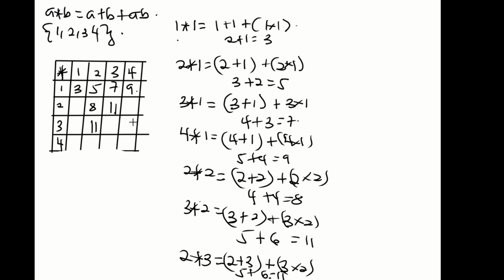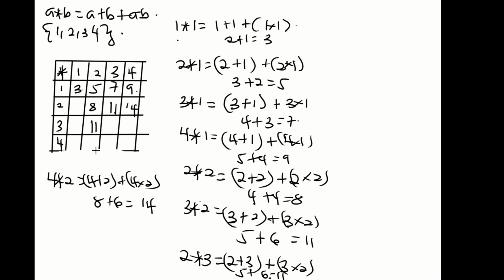Let's find more entries so that we can look at a certain trend. 4 operation 2 is 4 plus 2 plus 4 times 2, which is 6 plus 8, and this is equal to 14.